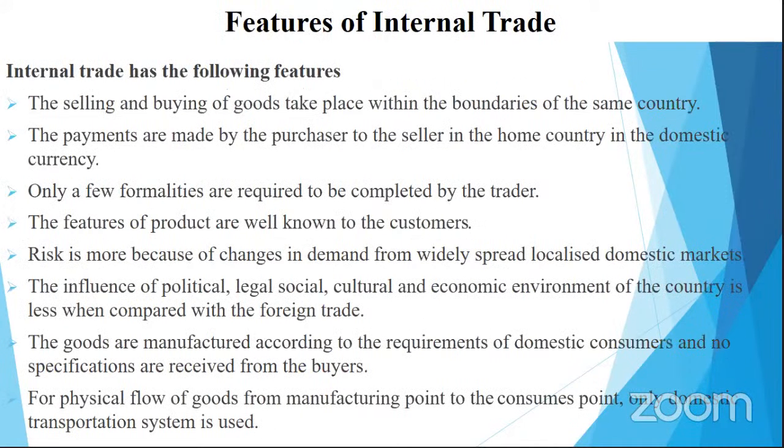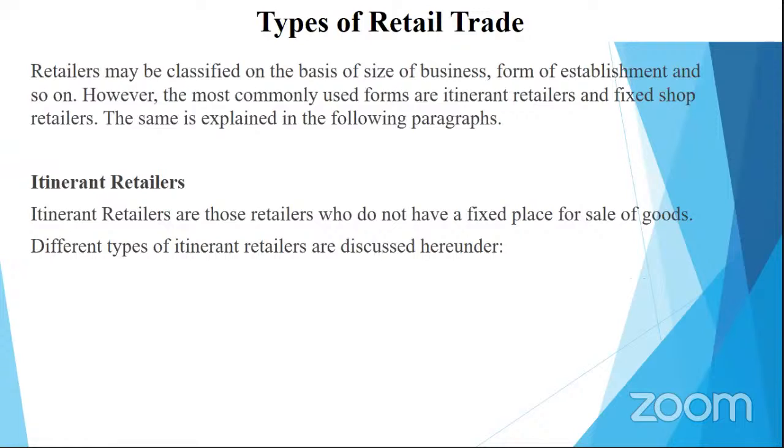In internal trade, wholesale trade will be there and retail trade will be there. Yesterday we saw the meaning of wholesale and retail trade. Here some different types of retail traders are there. Here you can see itinerant retailers.